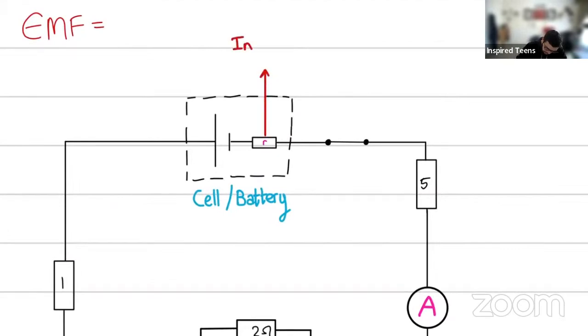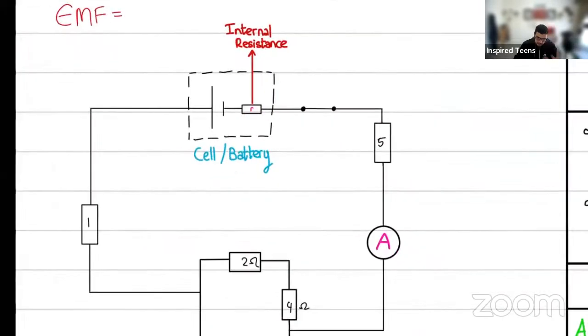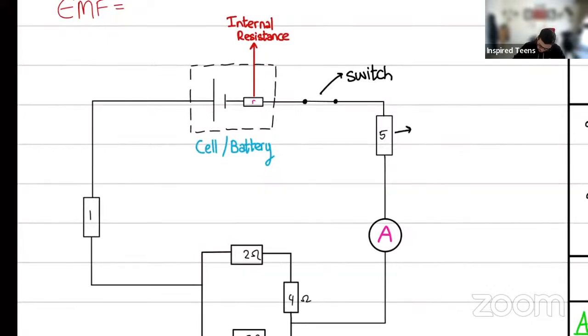This represents internal resistance, and we'll discuss what that is in a bit. This represents a switch. This represents a resistor. This is an ammeter, of course, connected in series.